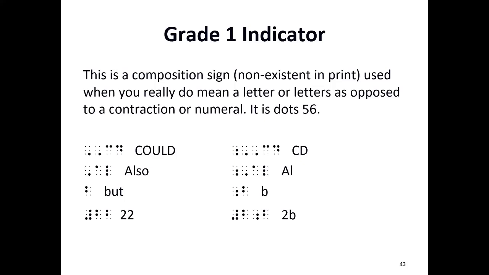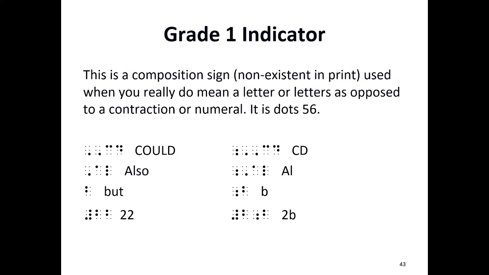And this is a composition sign, meaning it doesn't exist in print. There's no such thing. And this is used when we really do mean letters, not a contraction. It's indicated with dots 5, 6 on the right hand part of the cell. So the lower right part of the cell, dots 5, 6 is the grade 1 indicator.